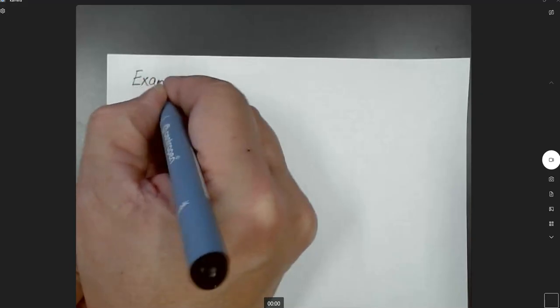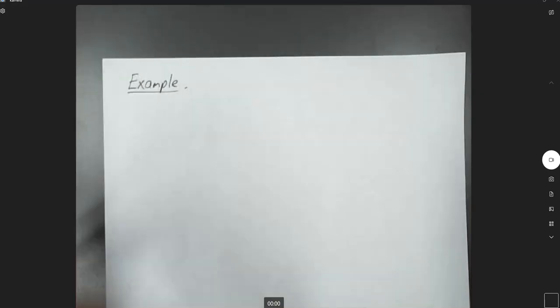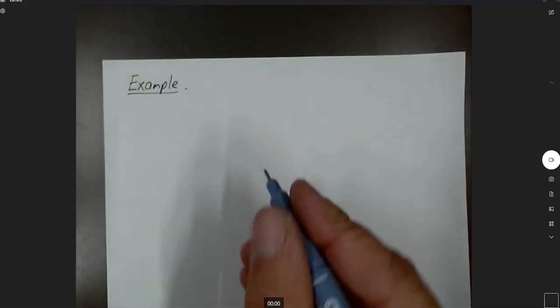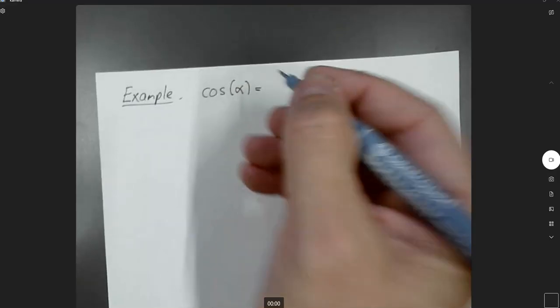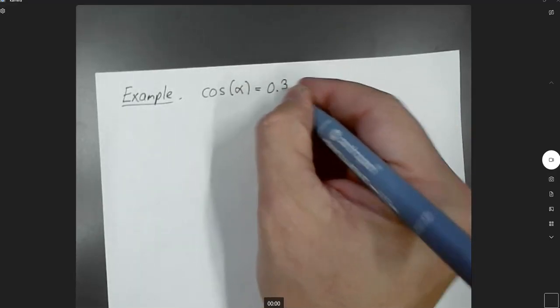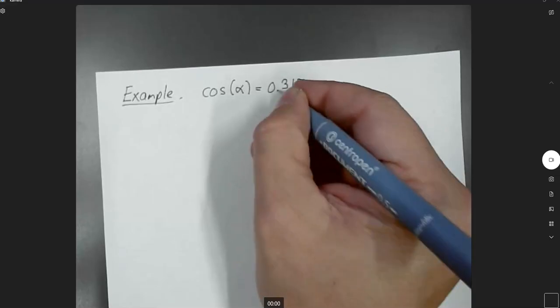Let's continue with just an example here, and we will have the equation cosine alpha equals 0.317.